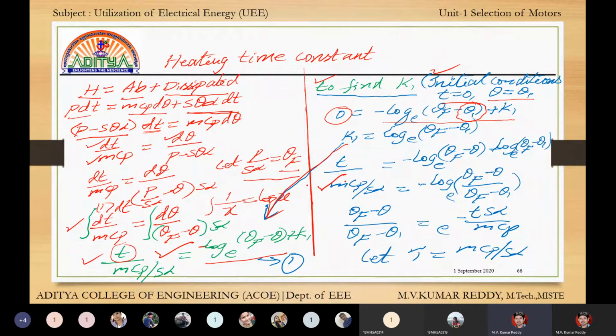This is in logarithmic form, so convert it into exponential form. If t is equal to log x in logarithmic form, then it can be converted into exponential form as e power t is equal to x.